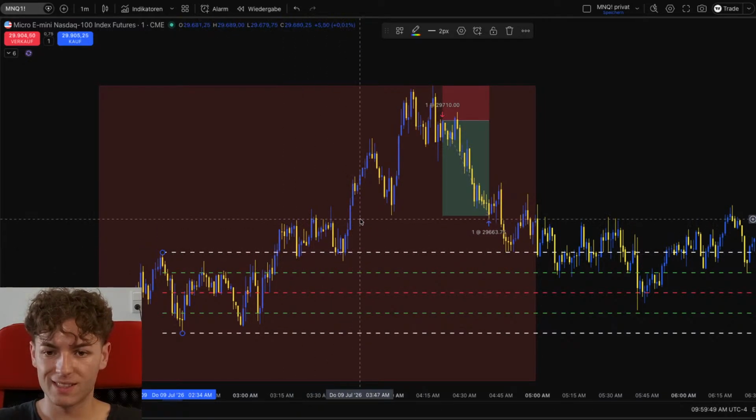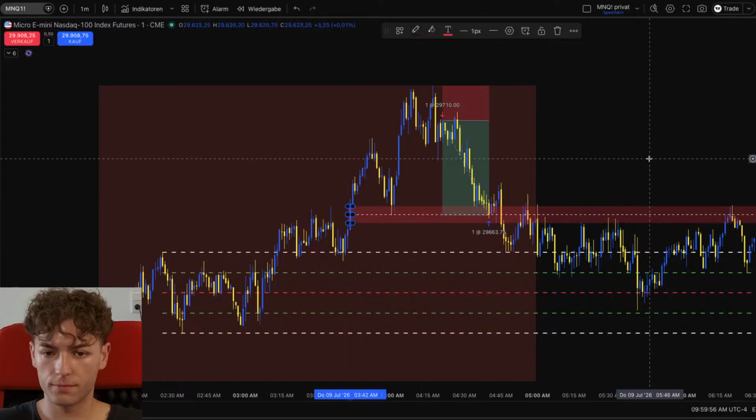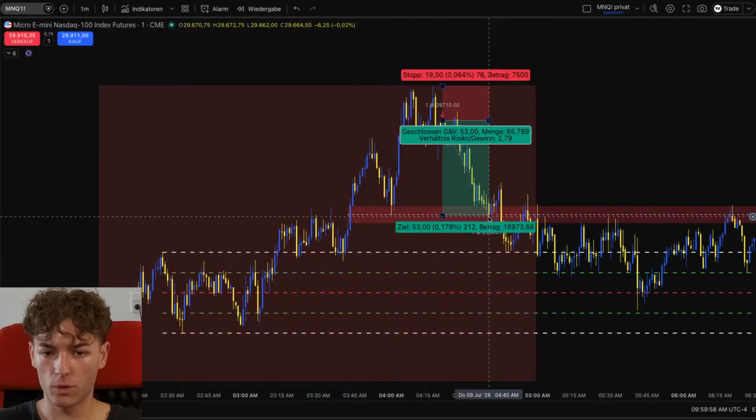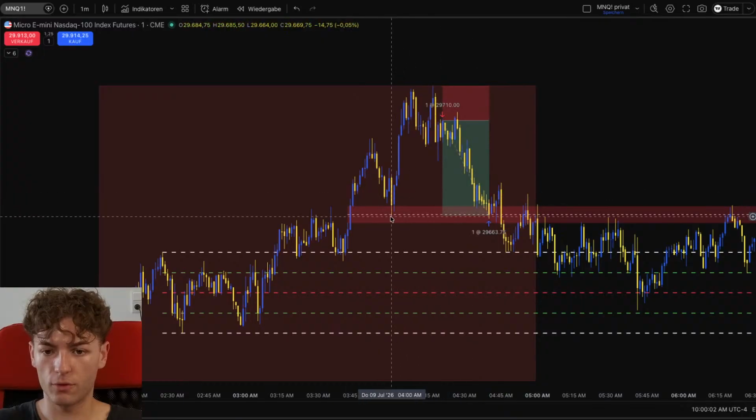Second stage reaccumulation in here, fair value gap, and see where my target was, where price retraced from. So I was aiming for this low and this fair value gap midpoint. Second stage reaccumulation. Then we created that high.